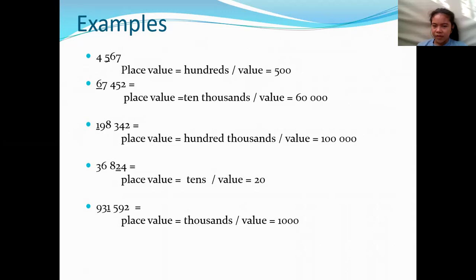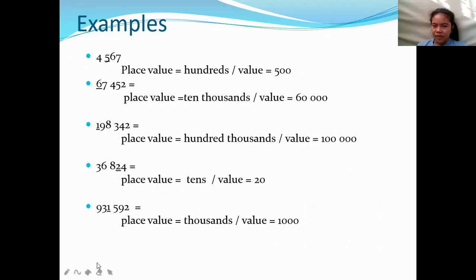The underlined digit is 2. So this is ones, tens. The place value is tens. The value is 20. You just add a 0 for its value. It's in the tens place, so that's 20.